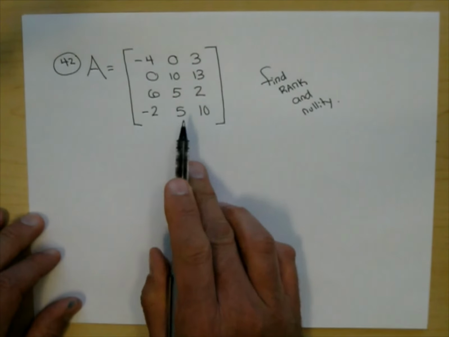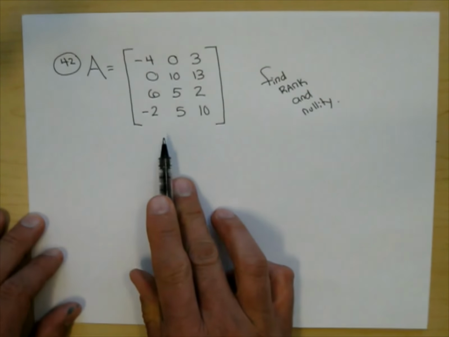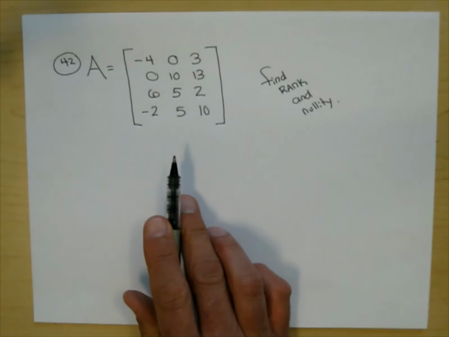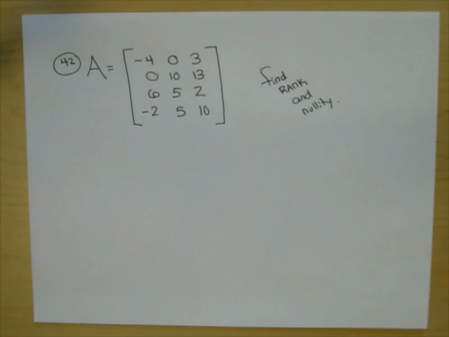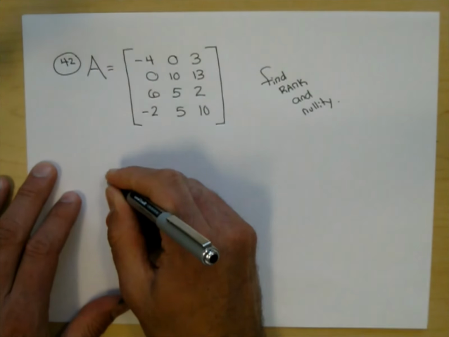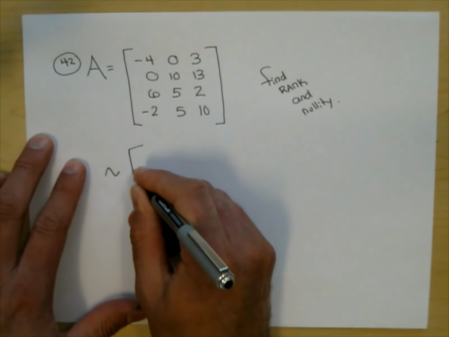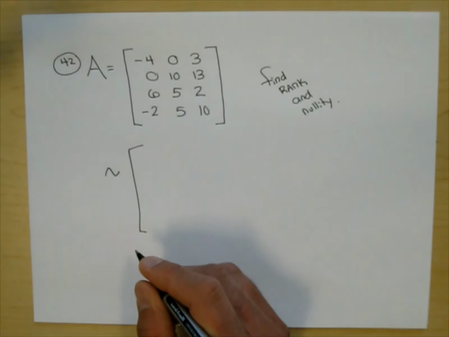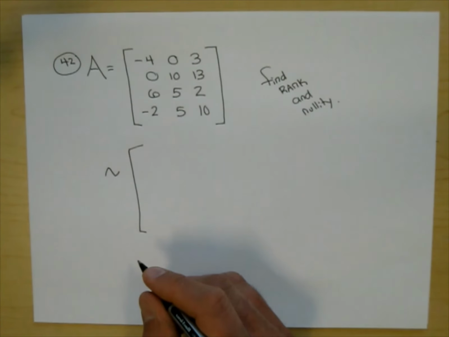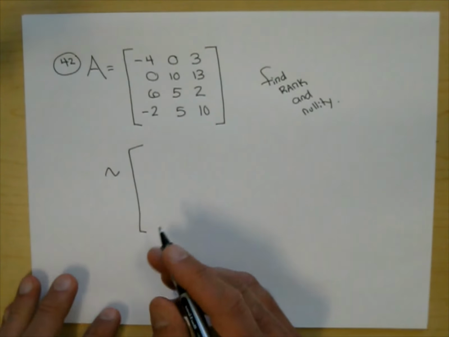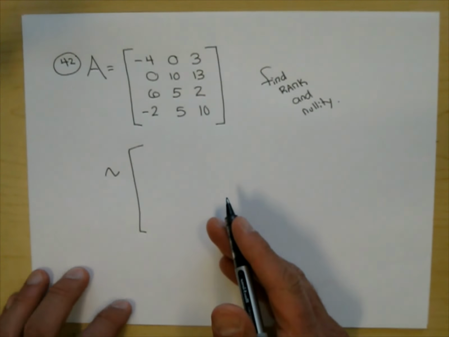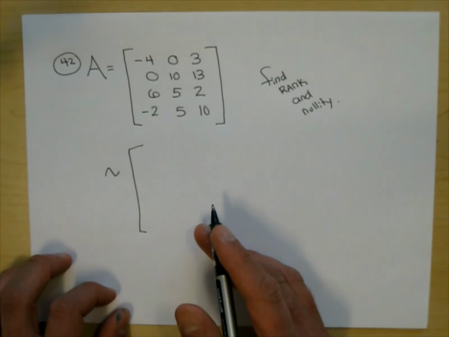So how do I find the rank and nullity of this matrix? I reduce this matrix to row echelon form. Actually, I'm not going to fully reduce it to row echelon form, because I don't want to have lots of fractions in it.